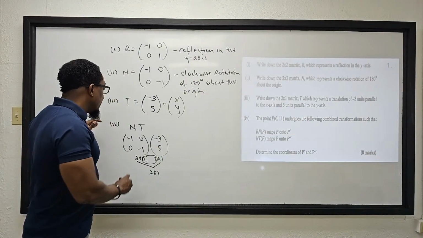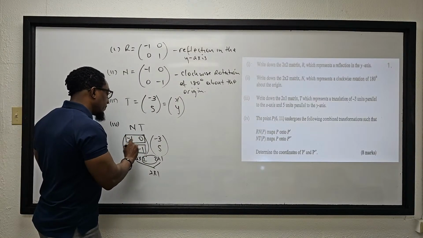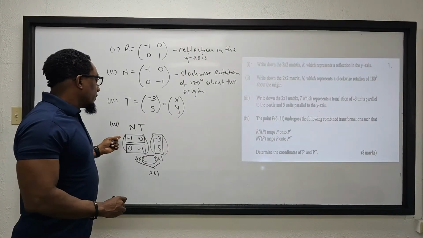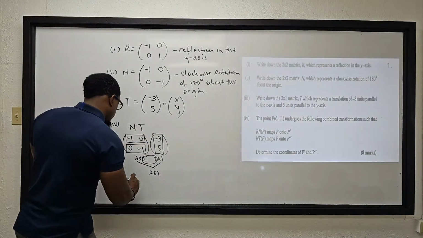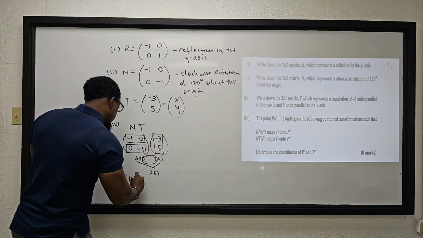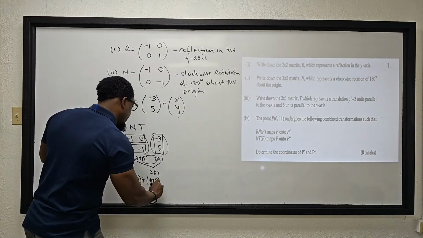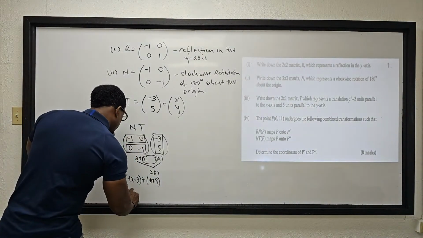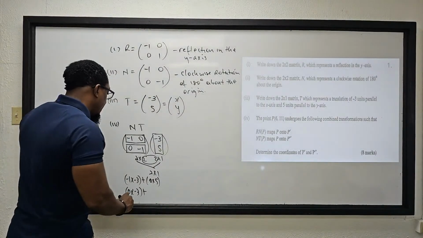So the result will look like this. So let's multiply. I'm taking the rows of the first by my only column. First row by my only column, negative 1 by negative 3 plus 0 by 5. And this is 0 by negative 3 plus negative 1 by 5.